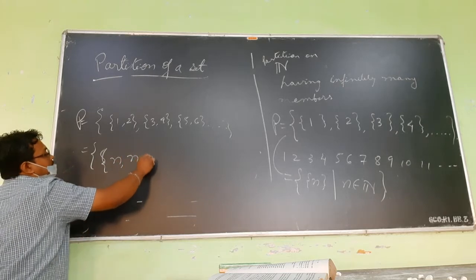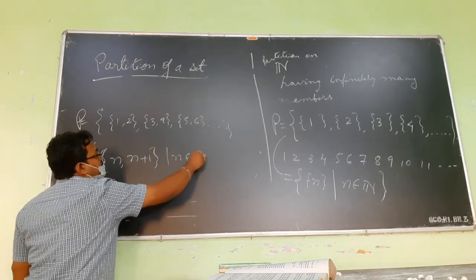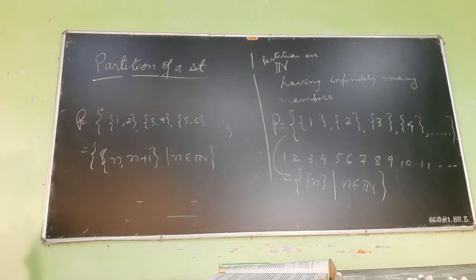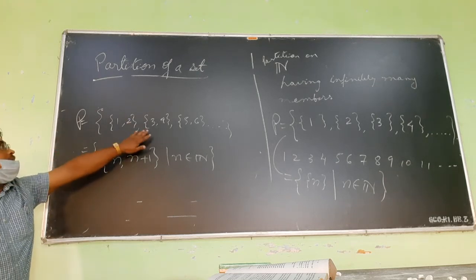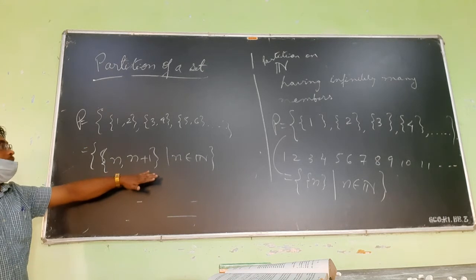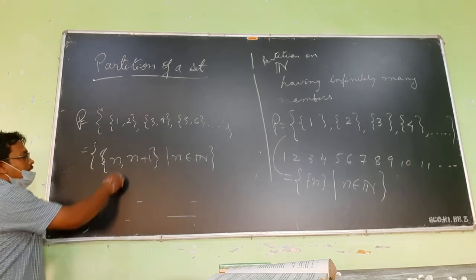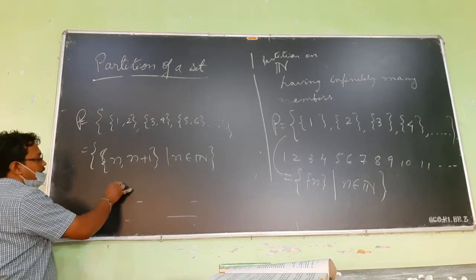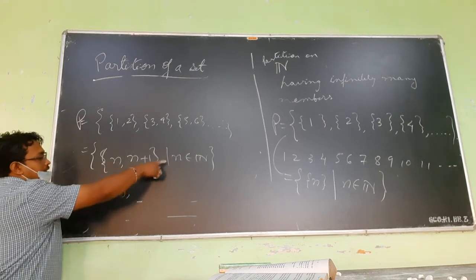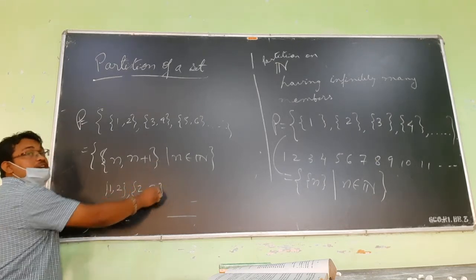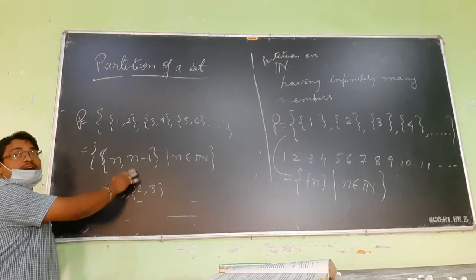You can write this one as the set of n comma n plus 1 such that n belongs to natural numbers. Isn't it? Is it correct or incorrect? This roster form is correct, but the set builder form is incorrect because if you start with n equal to 1, you will get 1, 2. Next is n equal to 2, so 2, 3 again. Set builder form is incorrect.